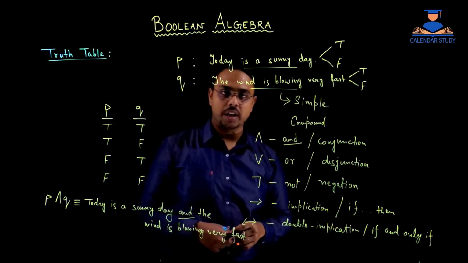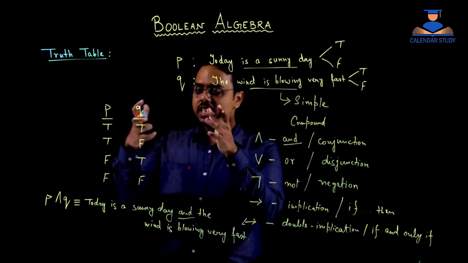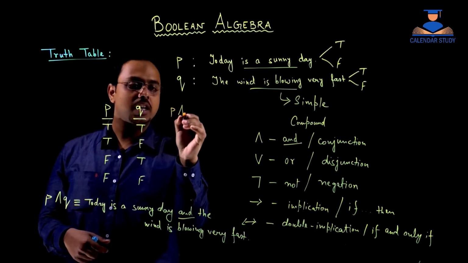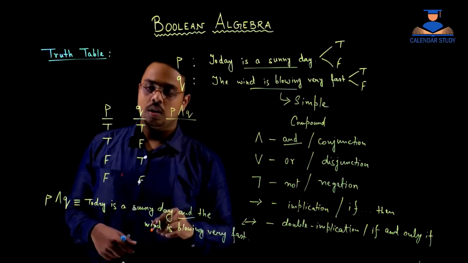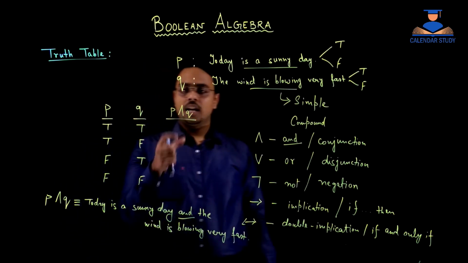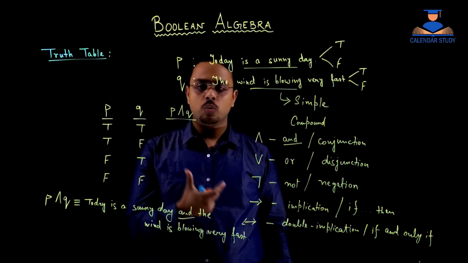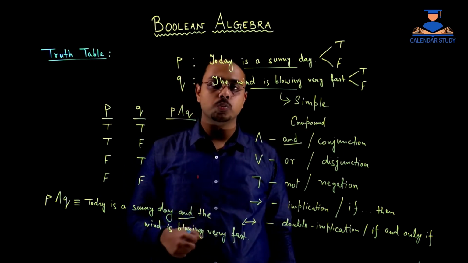simple statements together. Okay, if we see in the truth table what the truth values are for P and Q, we see that the AND connective gives us the true value only when both of the statements are true.